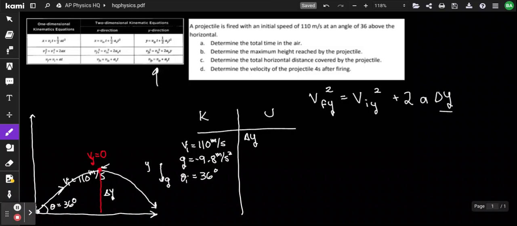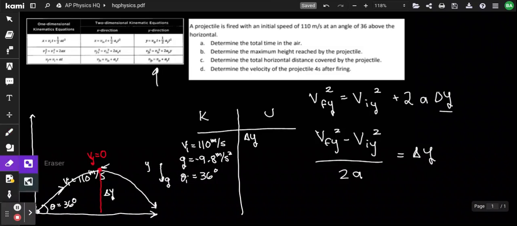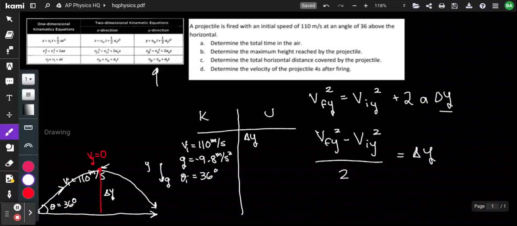So we'll do some algebra: Vfy squared minus Viy squared, divided by 2a, equals our delta y. Remember, in this case we're looking at the y component, so our a is going to be g.